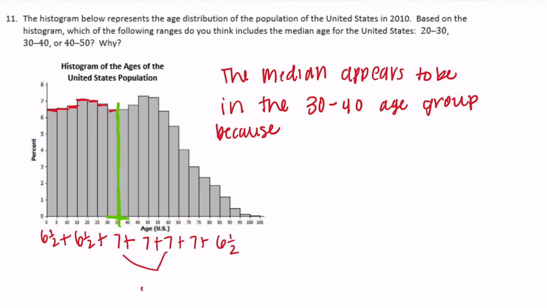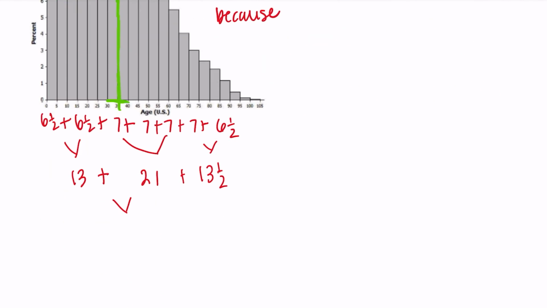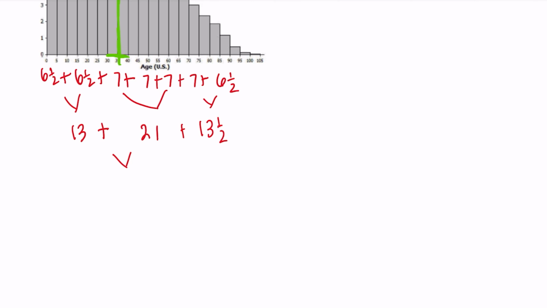These 3 sevens would be 21. This is going to be 13. And then 7 plus 6.5 will be another 13.5. So 13 and 21 is 34, plus 13.5 would give us 47.5.